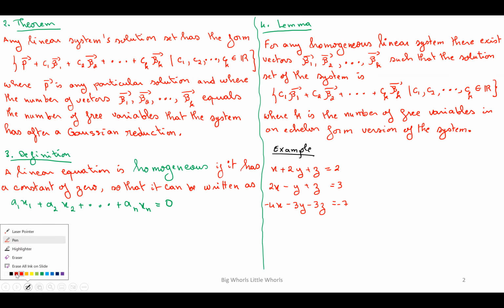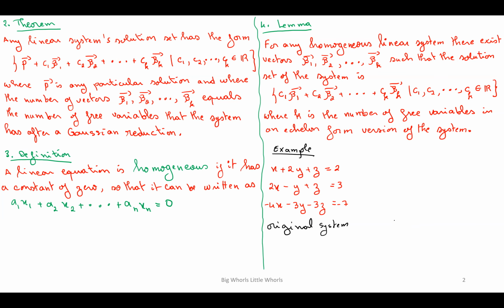So this is the original equation or system. Let's call it the original system. Now let's have the homogeneous system.